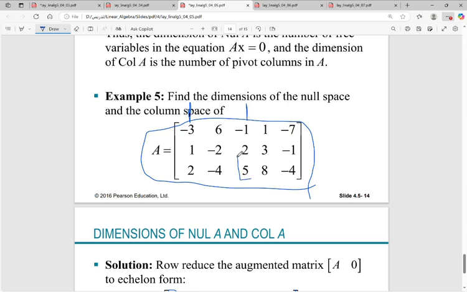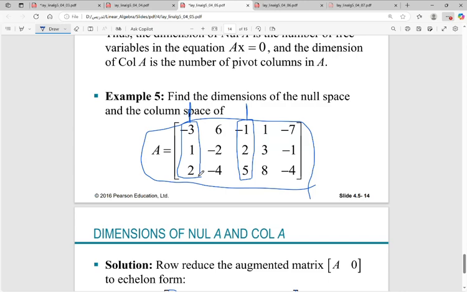We choose these two vectors as the basis for the column space of A. That's it. In the exam, you don't need to know the proof because the proof is very long and a bit complicated.